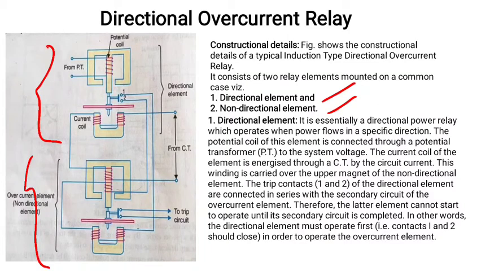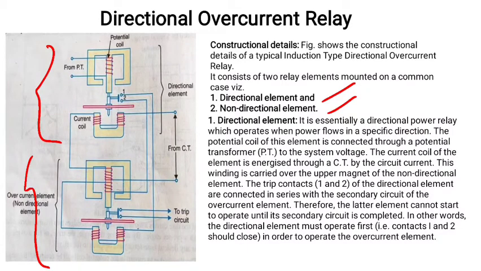So the directional element is a directional power relay which operates when the power flows in a specific direction. The potential coil of this element is connected to a potential transformer, and the current coil is energized through a CT, that is the current transformer. Now this winding is carried over the upper magnet of the non-directional element.